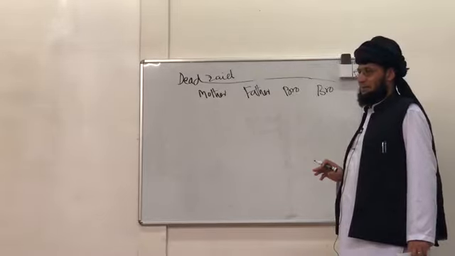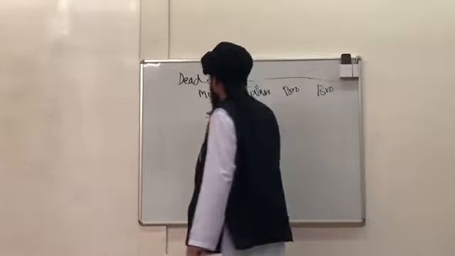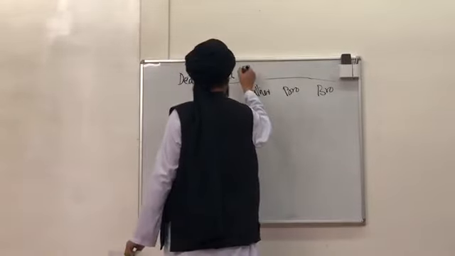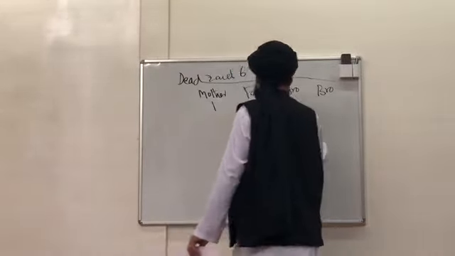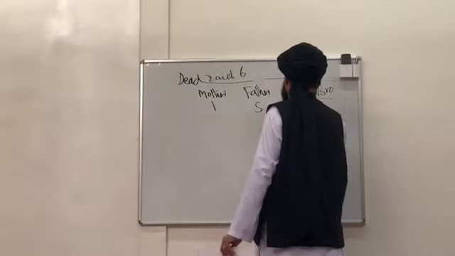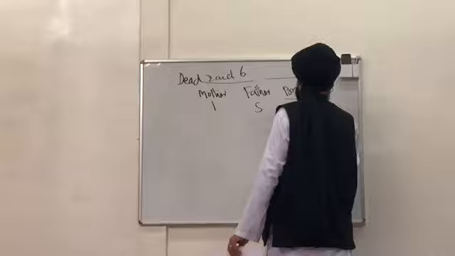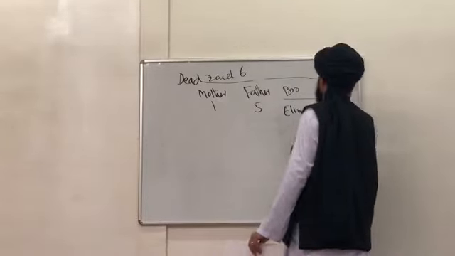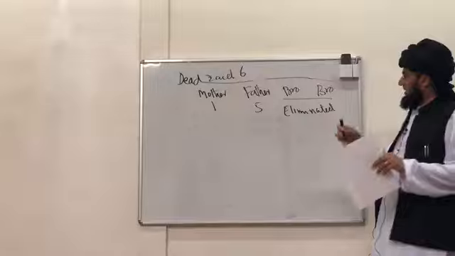Why? Because the father is there. The father is prior to the brothers. So that is why the case will be like this, and they both are eliminated. Got it? So that is the case.